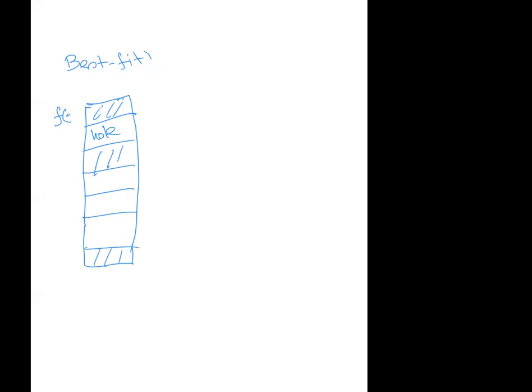Let's say this is 10 MB, this is also 10 MB, this is 15 MB, and this is 20 MB. Let's say one process comes into your RAM, and its size is, let's say, 17 MB. Let's say 5 MB.